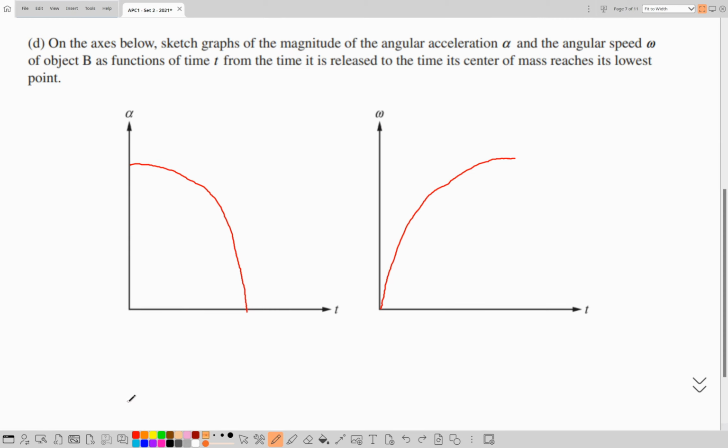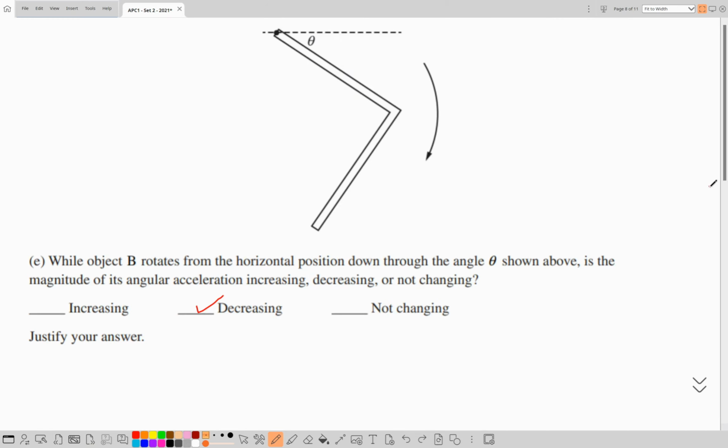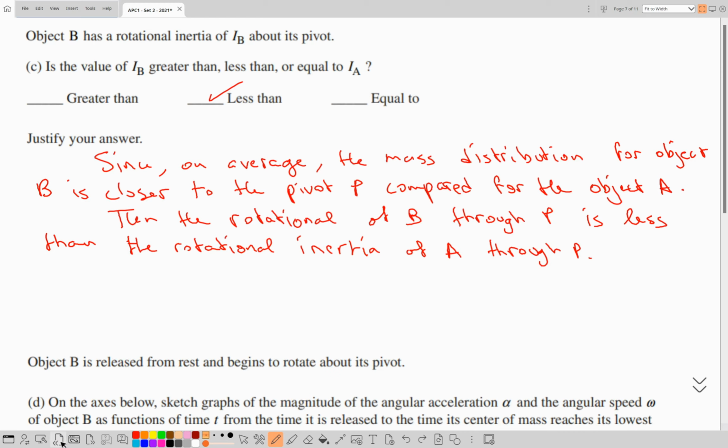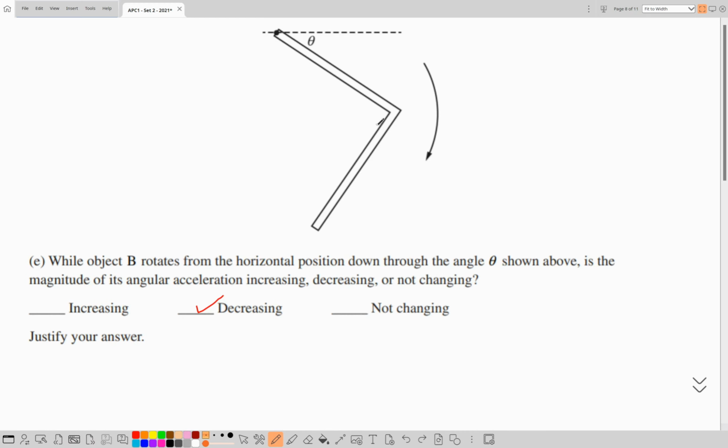This is also apparent from the graph. But we need to provide a more general answer, because we don't expect the AP exam to ask things that are very straightforward. We need to explain this by understanding what's happening to the net torque on the system.